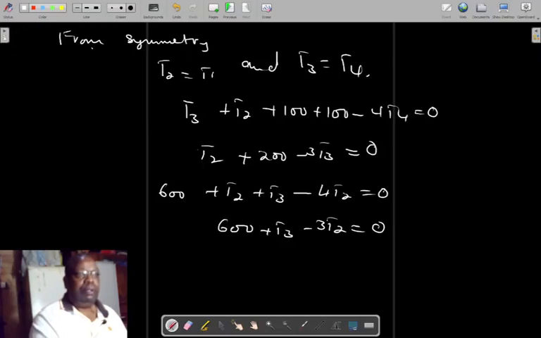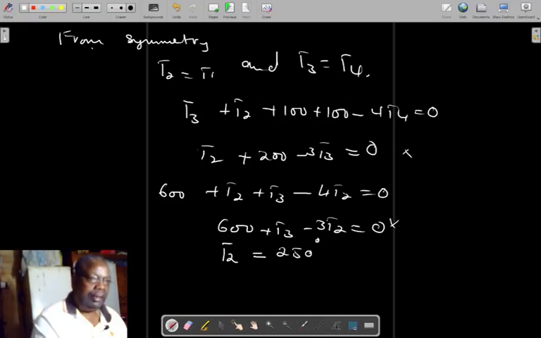Now we have two simultaneous equations, that one and that one, that have a T2 and a T3, and if you solve those two simultaneous equations, you will get T2 is equal to 250 degrees, which is also equal to T1, and you'll get T3 is equal to 150 degrees, which is also equal to T4.